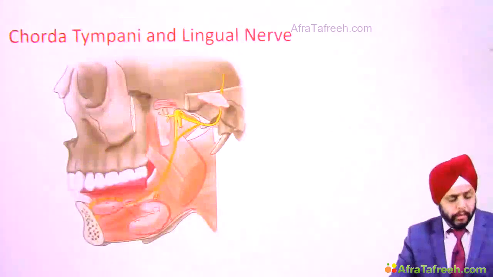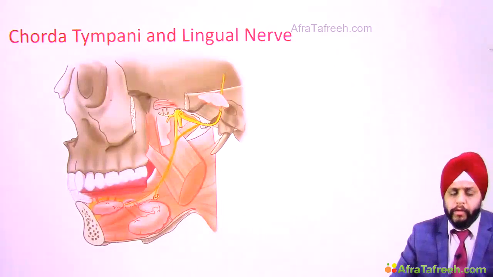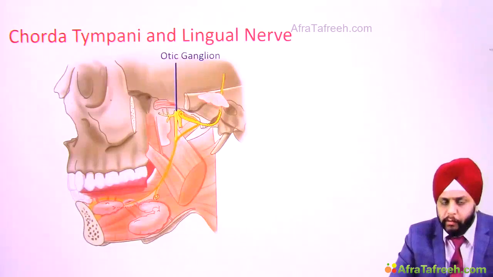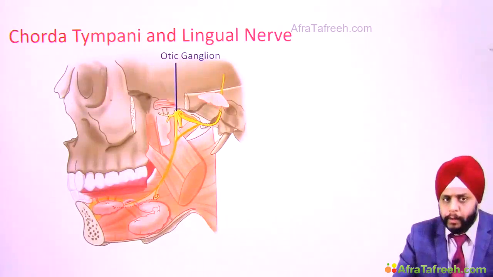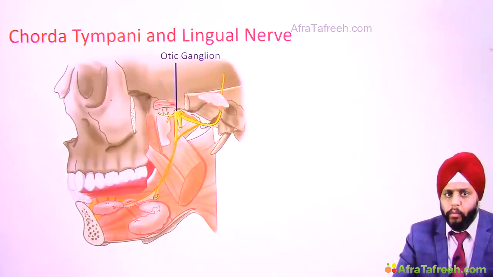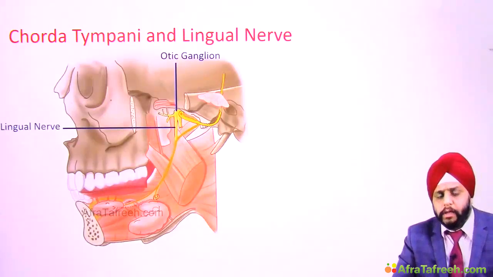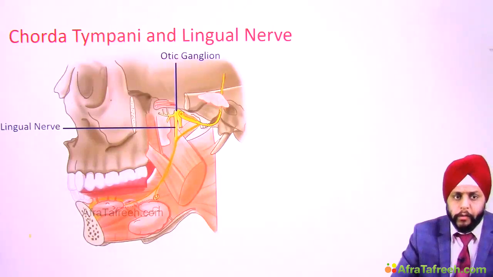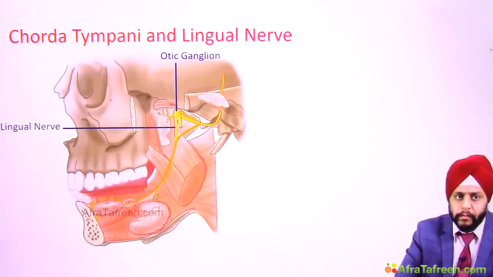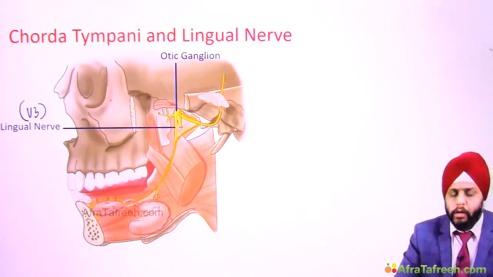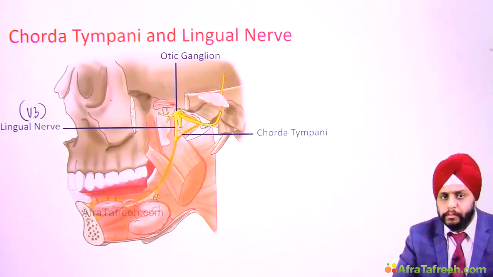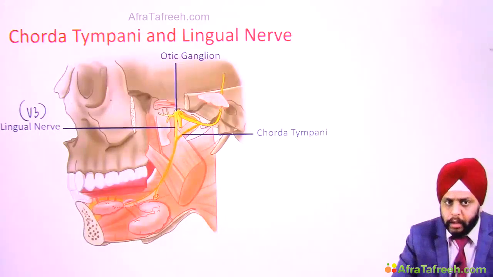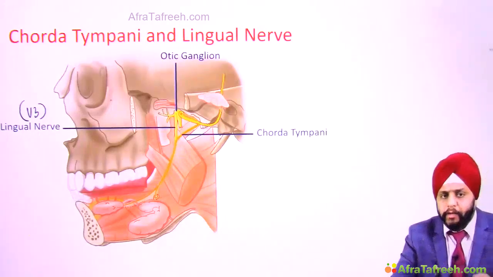Now let's revise what we just studied. So you see we have the otic ganglion, where? In the infratemporal fossa. Now what else do we see over here? You can see the lingual nerve coming from here. Lingual nerve, it is a branch of the mandibular nerve. Now you can also see the chorda tympani. So this chorda tympani nerve meets the lingual nerve, and together they start traveling.